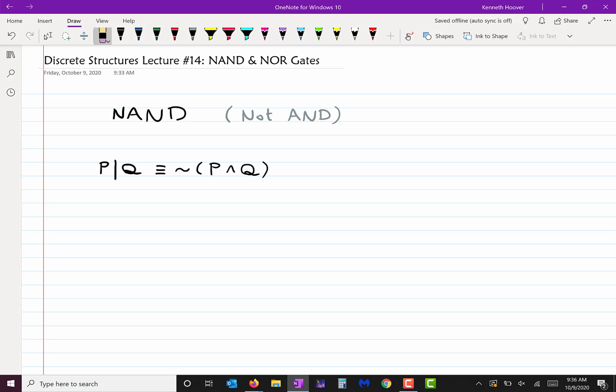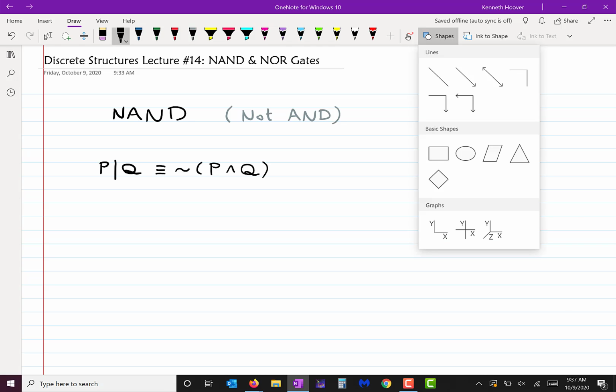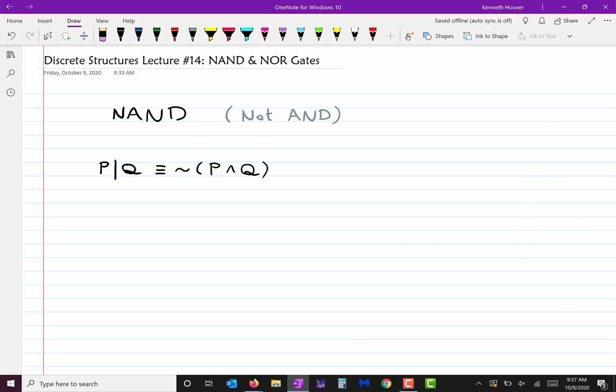All right, so let's draw the input-output table for that. Okay, we can do that. We know how to make an input-output table for P and Q. And then we can negate that. We'll get an input-output table for not P and Q. Okay, so let's go ahead and do that.